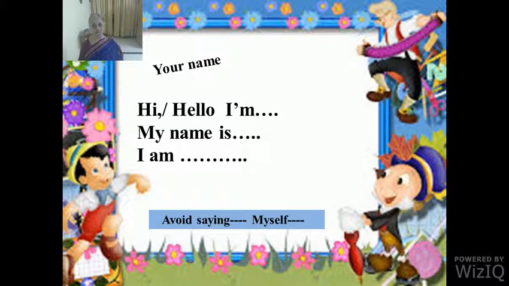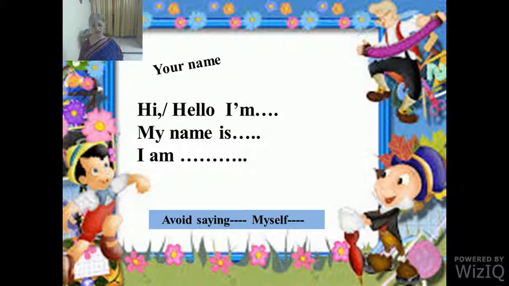So let us look at our introduction. So how do you greet and how do you start your introduction? So you say hi, hello, I'm Ravi. My name is Ravi. And remember, I'm Ravi is a contraction of I am. So we use contraction especially when we are speaking, and therefore we say I am Ravi.